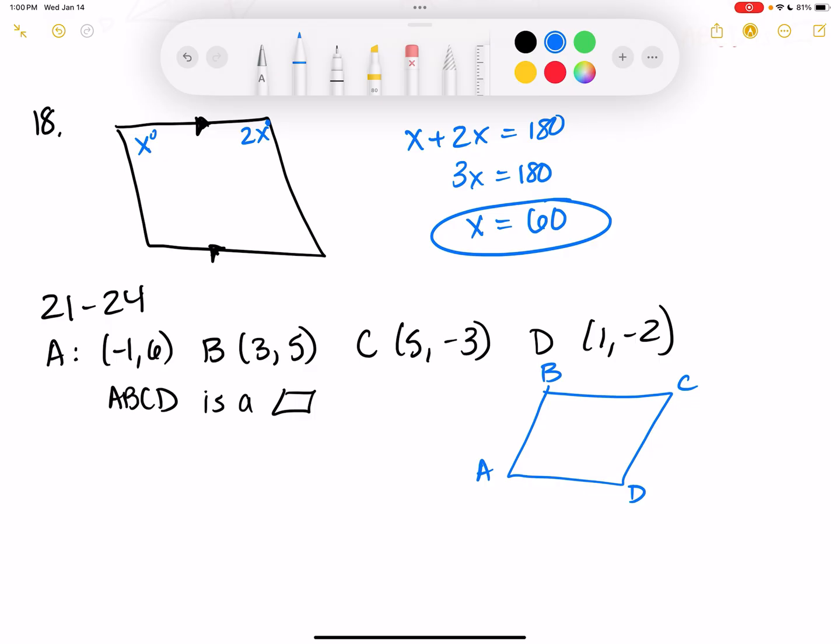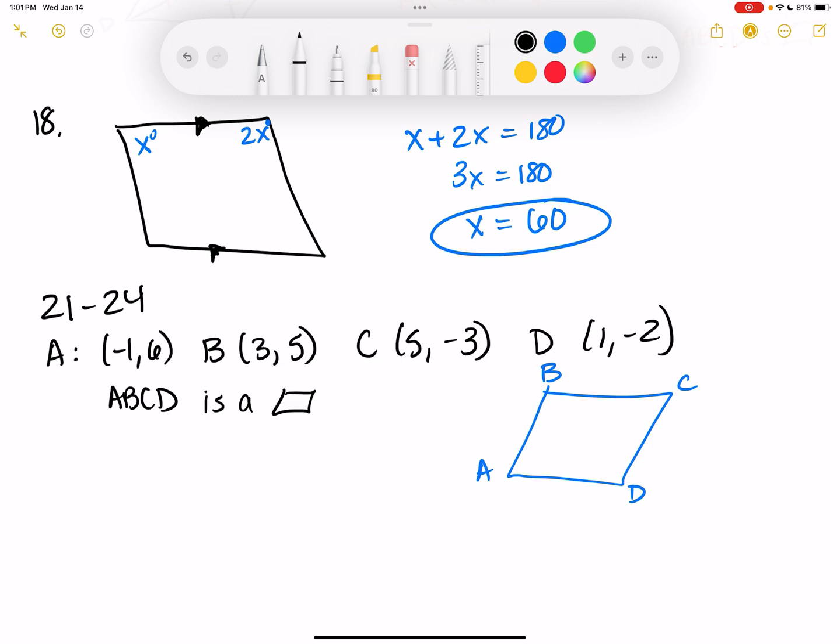That tends to be the way that they go about it when they put letters on there. They're not going to put A and C beside each other and stuff like that. But again, if you want to plot them and verify where they go, you're more than welcome to do that. For the sake of time, I'm not going to, because I trust by this point in your life you know how to plot points.